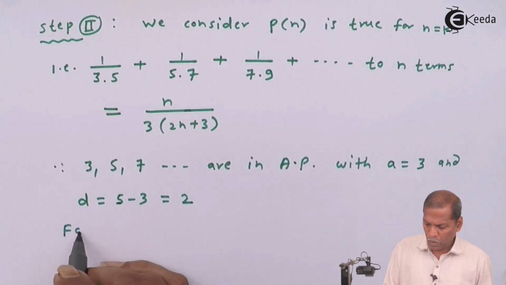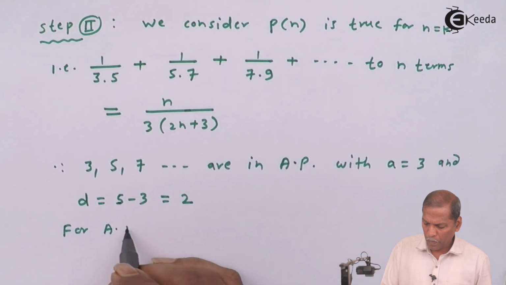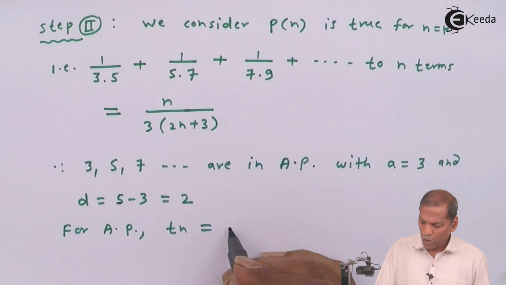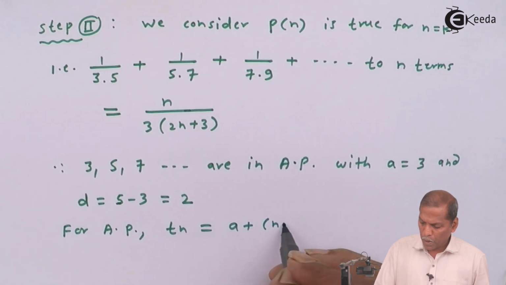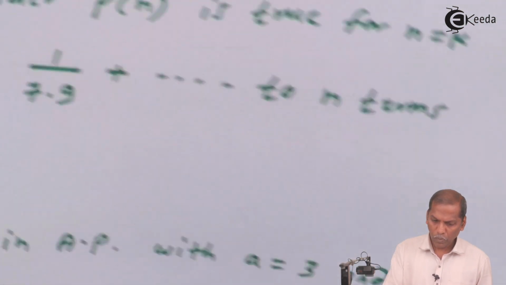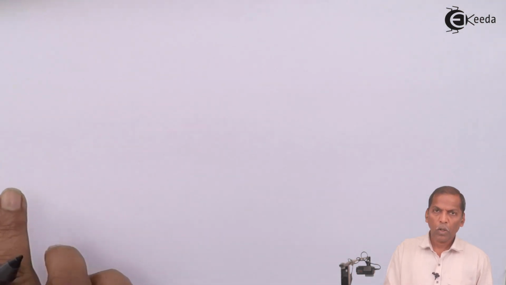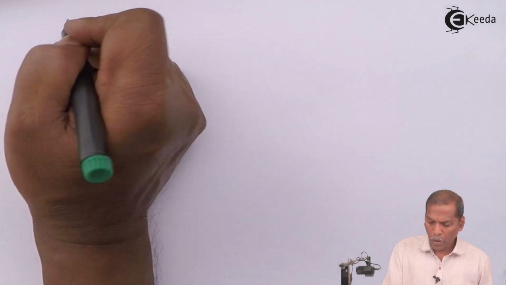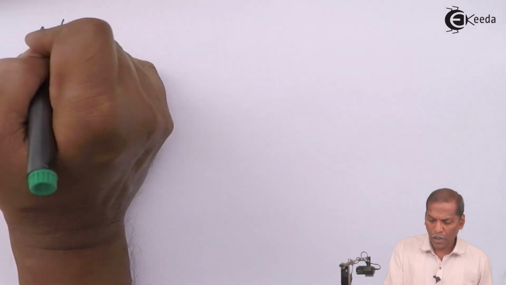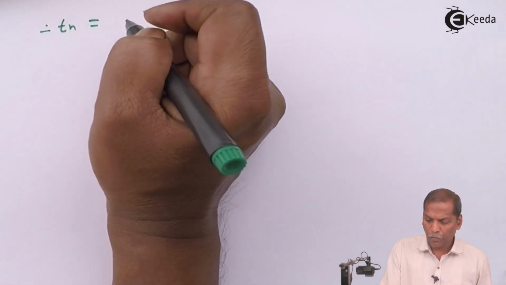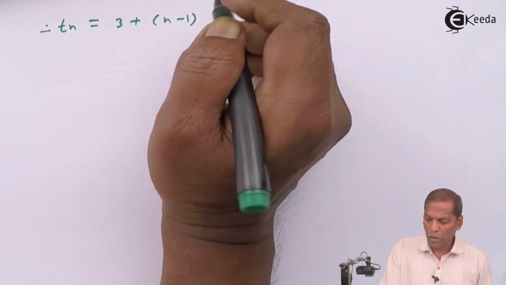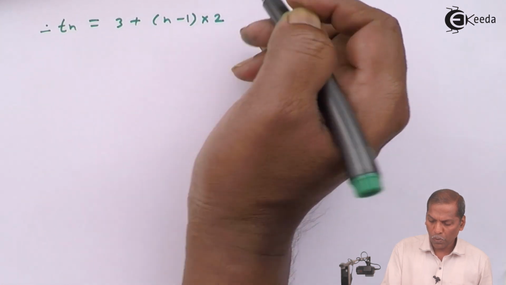Then for an AP we write Tn is equal to A plus n minus 1 into D. So for A we write 3 plus n minus 1 into 2.